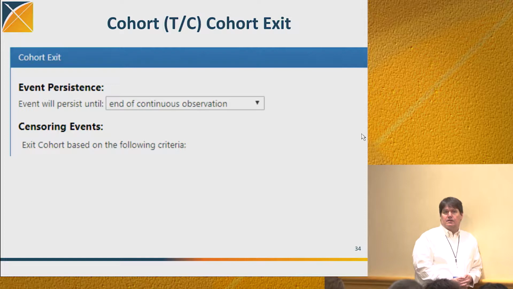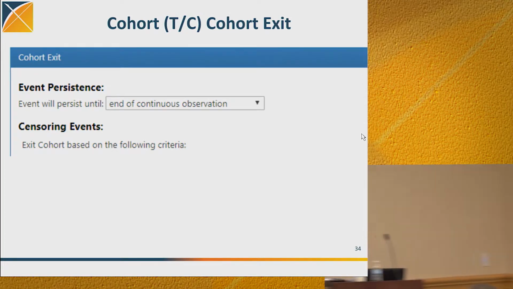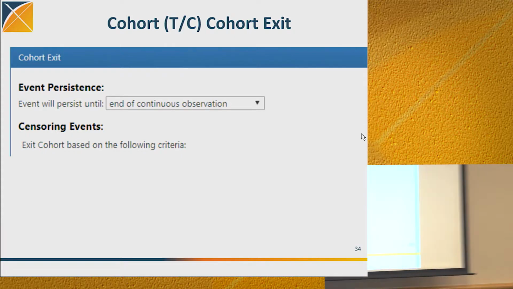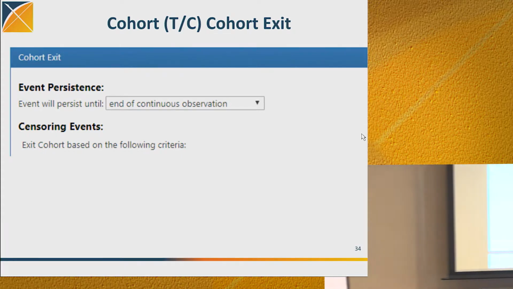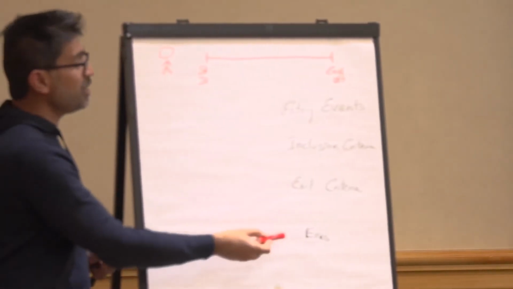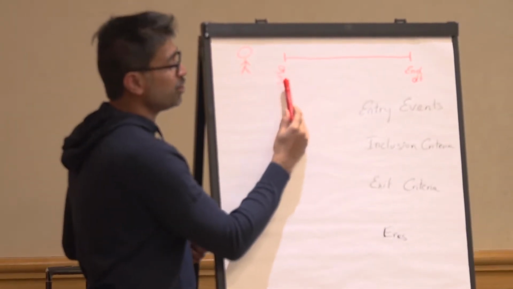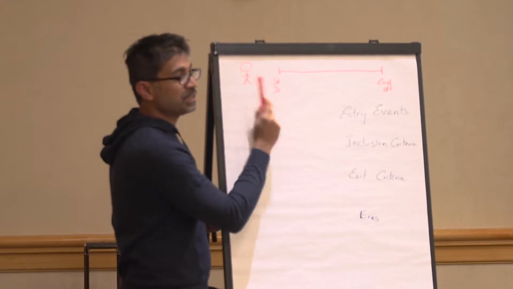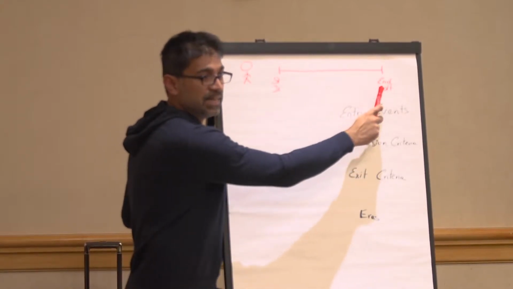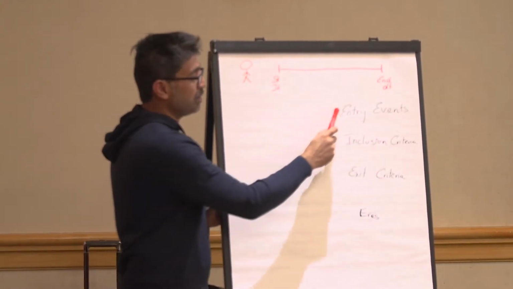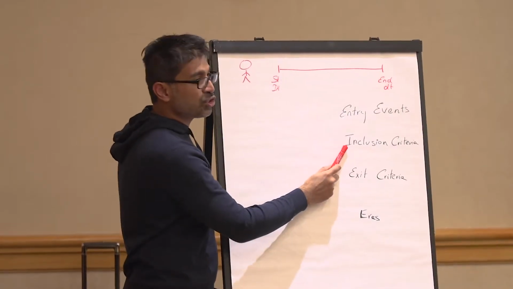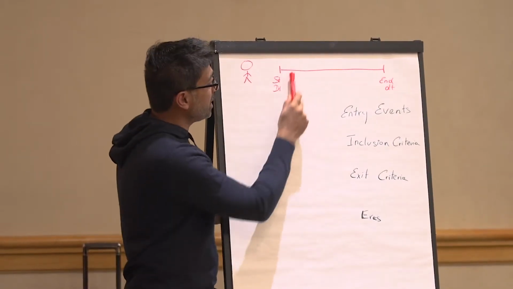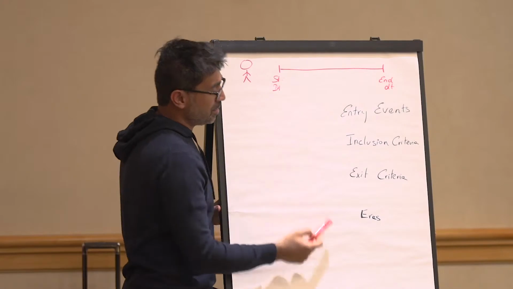So, just going back to the Atlas 4-step framework, you have entry events, inclusion criteria, exit criteria, and errors. All of these are designed with the motivation to create a cohort record that says for this person, this is the start date and this is the end date. So entry events and inclusion criteria are rules applied around the start date.